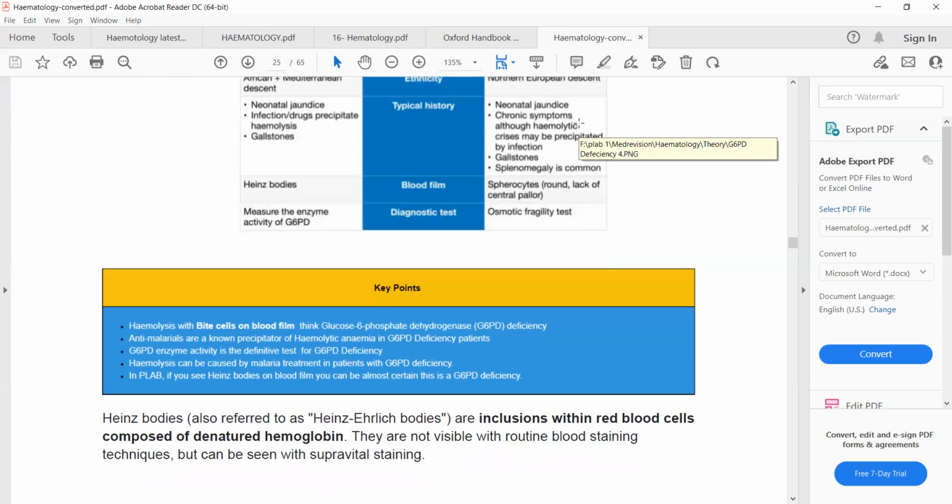Antimalarial drugs such as primaquine are the main precipitators of hemolytic anemia in G6PD deficiency patients. And the definitive test for G6PD deficiency is a G6PD enzyme assay that is done 6 weeks after the acute attack has settled.